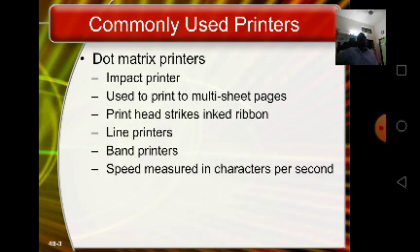The more pins that a print head contains, the higher the printer's resolution. The lowest resolution dot matrix printers have only 9 pins. The highest resolution printers have 24 pins.